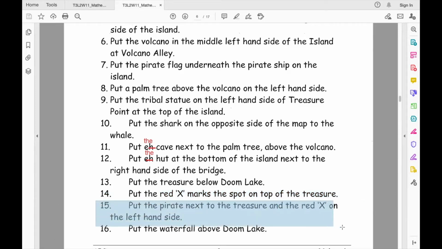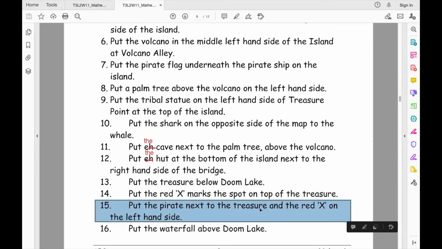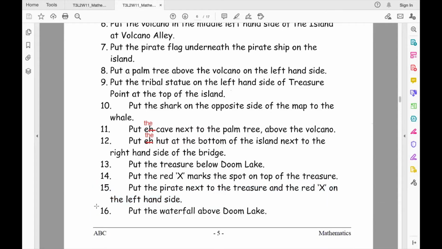Number 15, put the pirate next to the treasure and the red X on the left-hand side. And lastly, number 16, put the waterfall above Doom Lake.